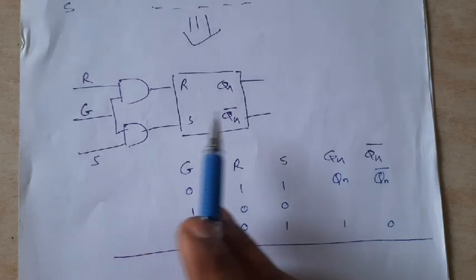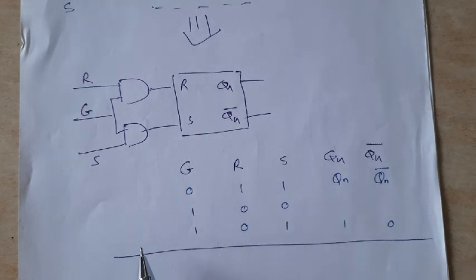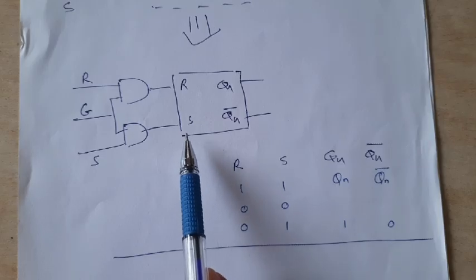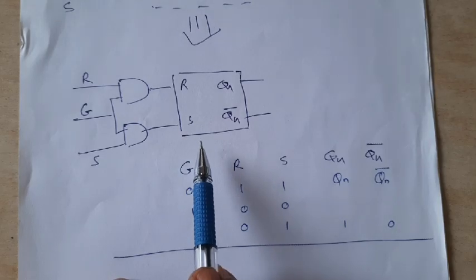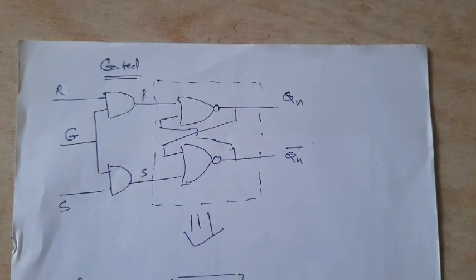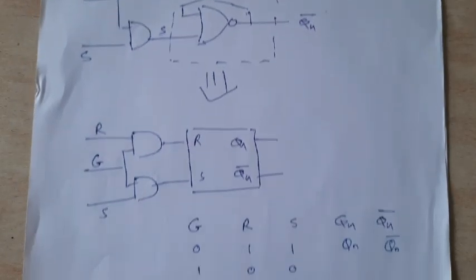Last time this was homework: this is our regular RS flip-flop made up of maybe NOR gates like this. What is the additional part?